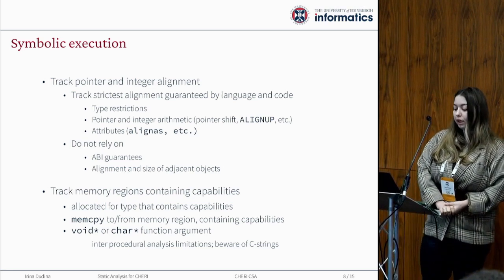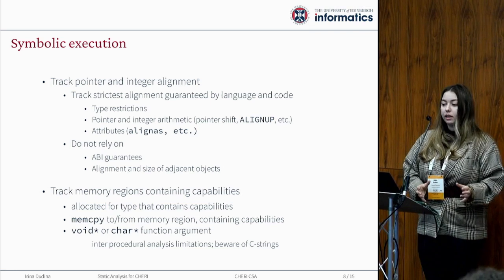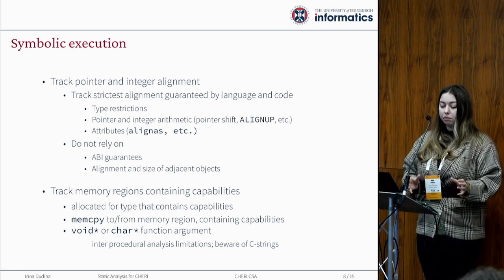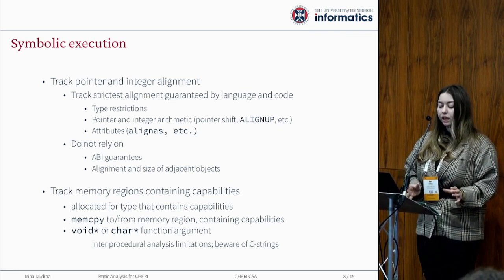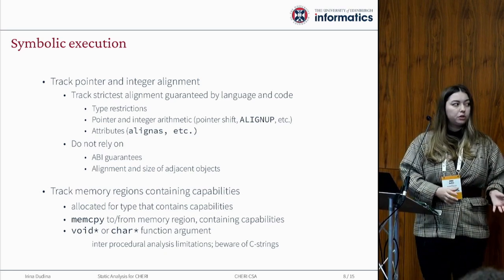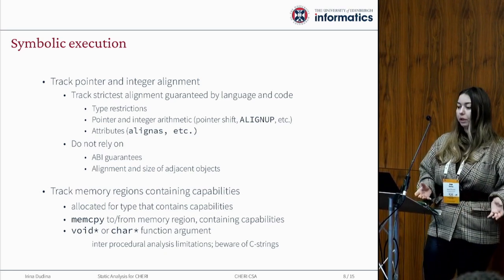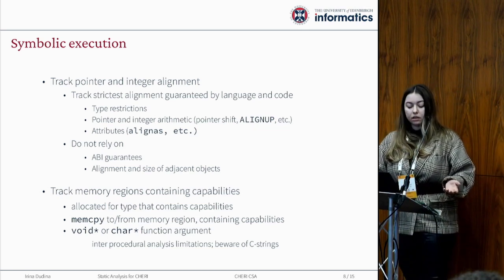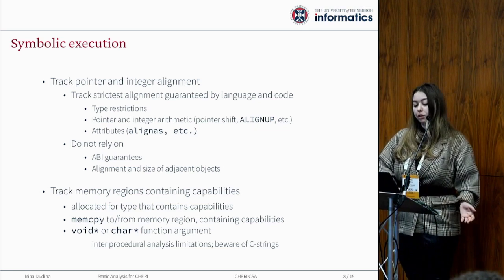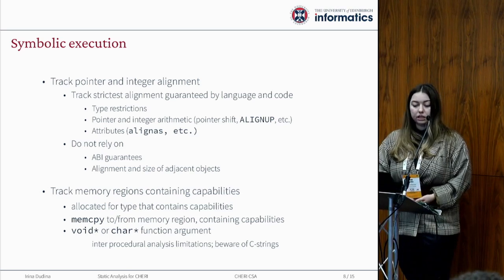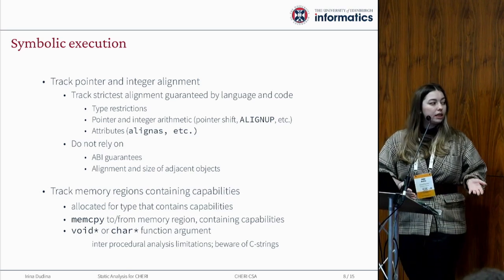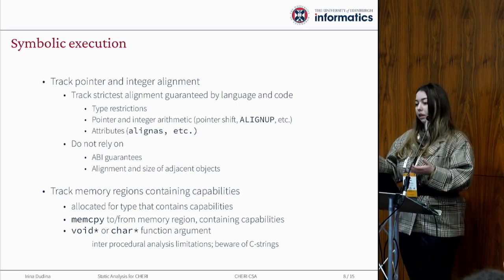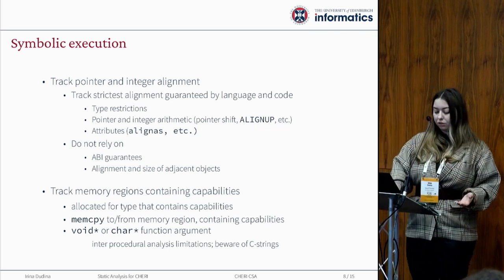And we are also tracking memory regions that can potentially or will for sure contain capabilities, because they were allocated for capabilities or because some capabilities were potentially copied to this memory region, or using other heuristics. So that is for detecting memory copying capabilities to misaligned addresses.